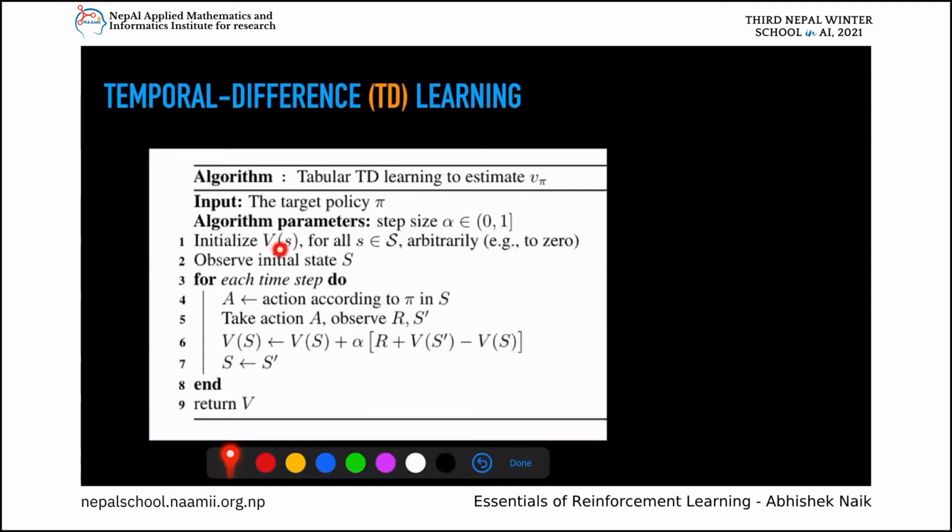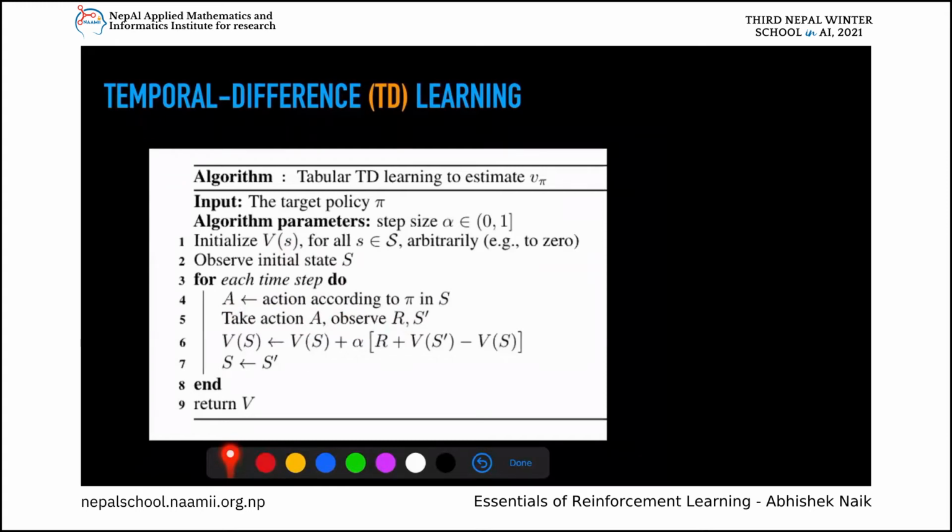So initialize the values to any arbitrary quantity. Could be all zero, or could be -1s or whatever you wish. Then you'll see initial state S, and at every time step, we'll take an action according to pi. So what is the action that the policy pi takes in state S, that is A. We take that action in the world and we'll observe the reward and next state.